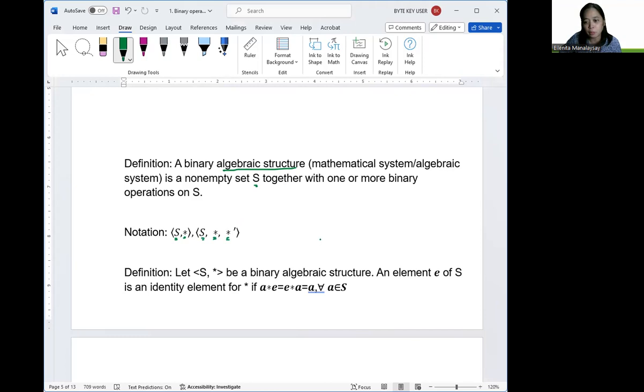For example, when we consider the set of real numbers, say that's R, and the binary operation star, such that star is the ordinary multiplication.